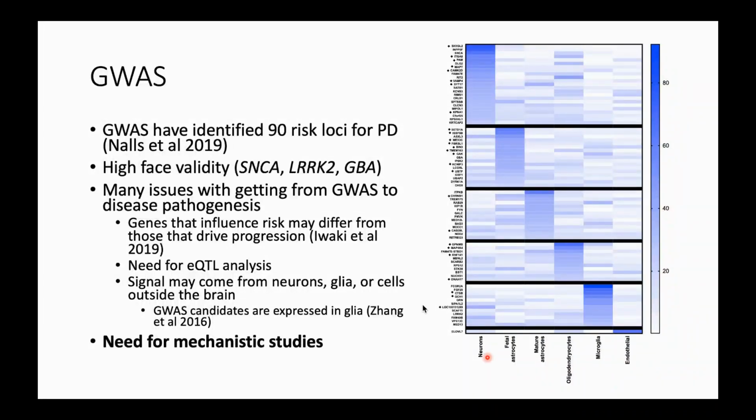And what you can see is that actually only a minority of the genes are really predominantly expressed in neurons. Many more are expressed predominantly in some type of glia, or they're just sort of ubiquitously expressed across the population of cells. So for all of these reasons, we really need mechanistic studies to be able to move from GWAS to an understanding of disease pathogenesis.